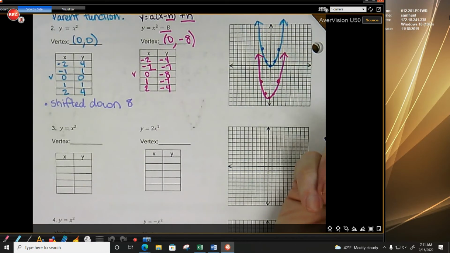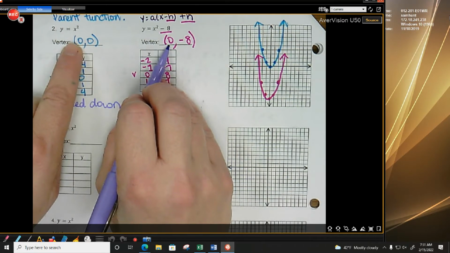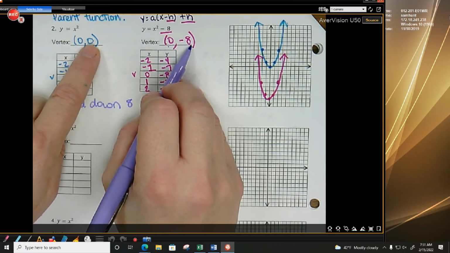This time, what changed in the equation? The h was still 0, but the k changed. So what do you think shifts you up and down? A k value change.